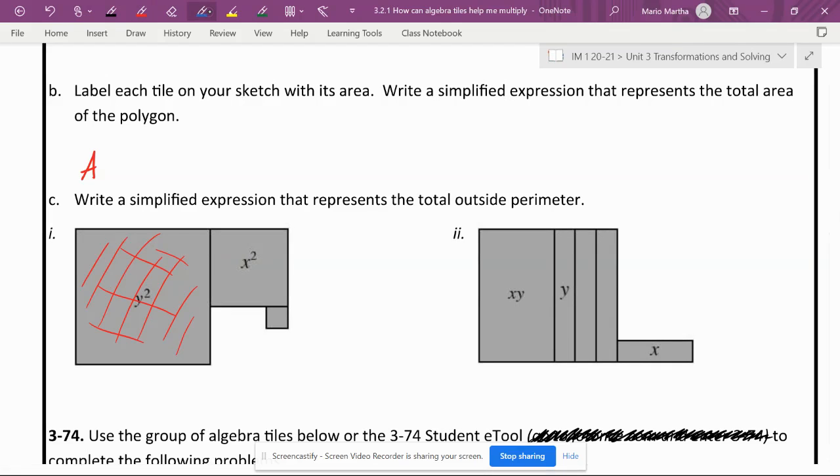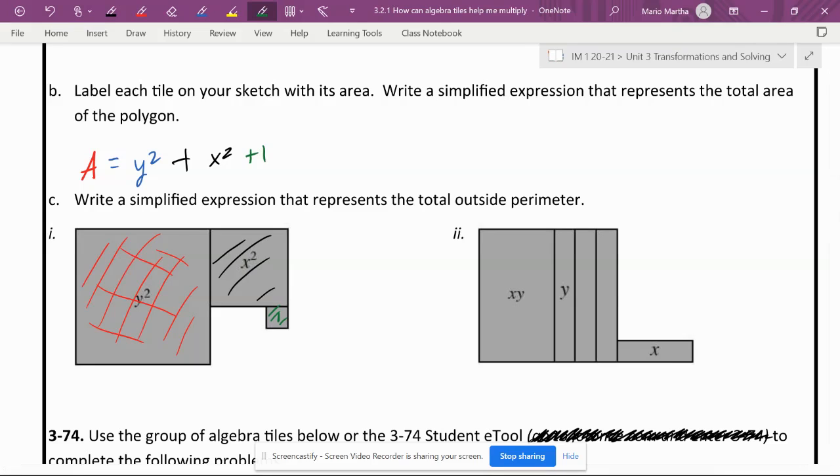So the area is equal to y squared, because we only have one of those. Plus the area for this one, which is x squared. And then finally, the little square, we said that was 1 square unit. So plus 1. That would represent the area of the first shape.